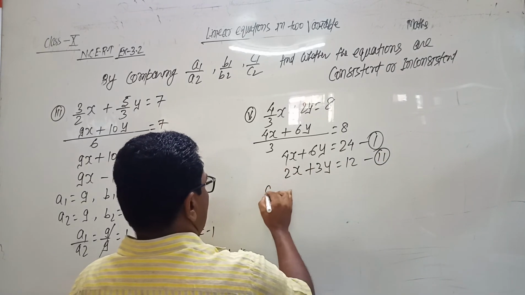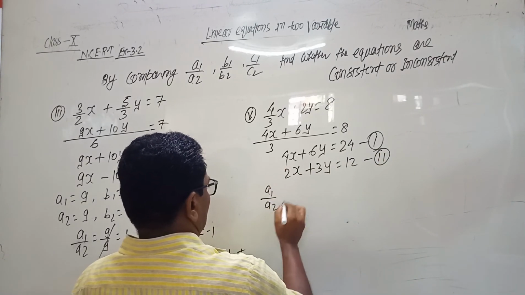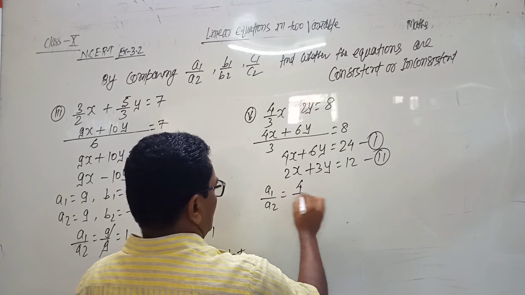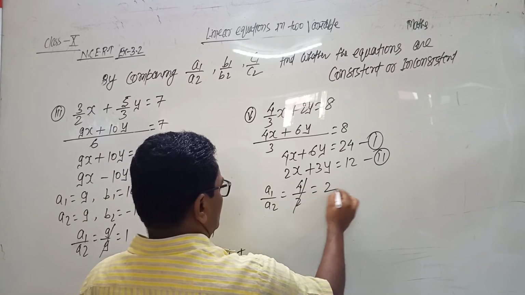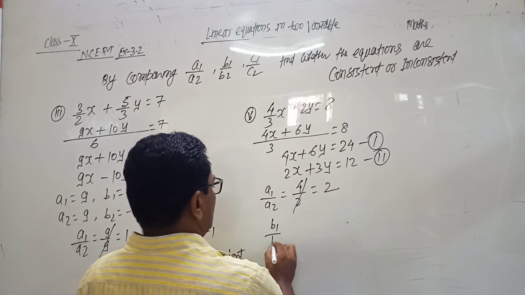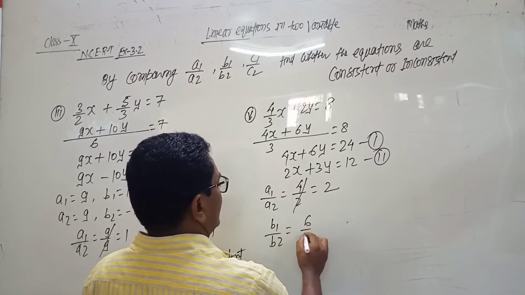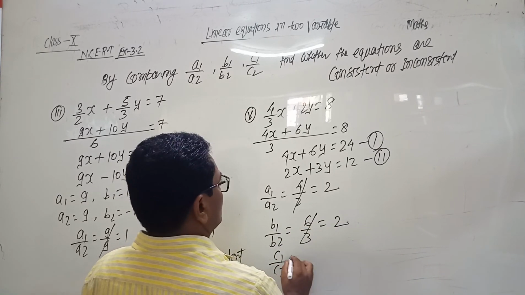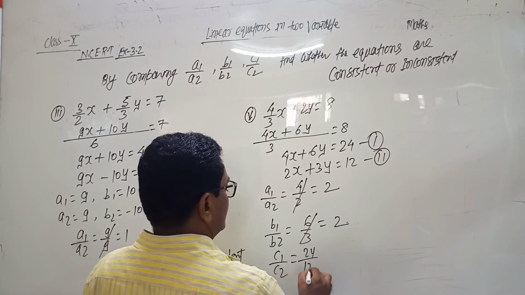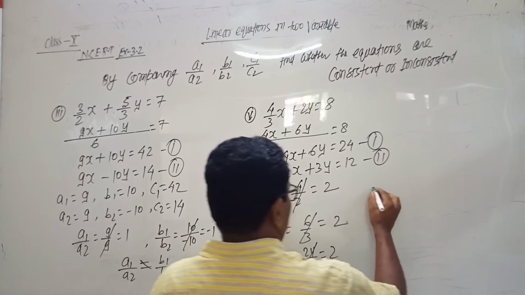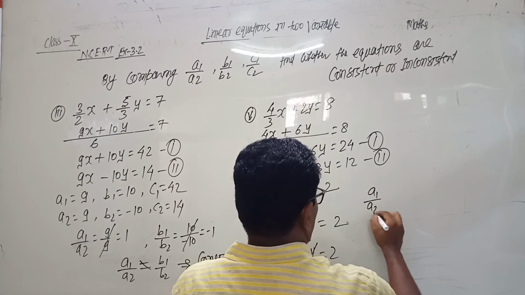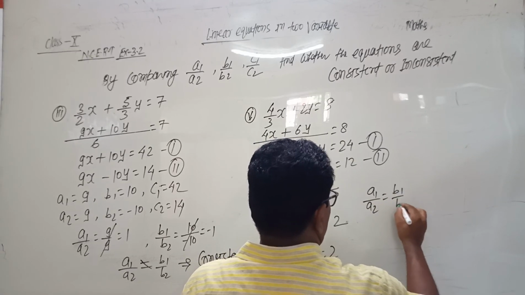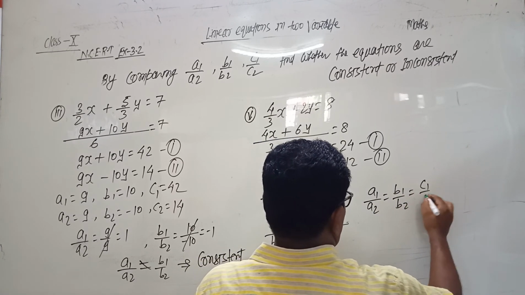So a1 by a2, the value of a1 is 4, the value of a2 is 2, it gives 2. Then b1 by b2, 6 by 3, which is also 2. Then c1 by c2, 24 by 12, which is again 2. So a1 by a2 equals b1 by b2 equals c1 by c2.